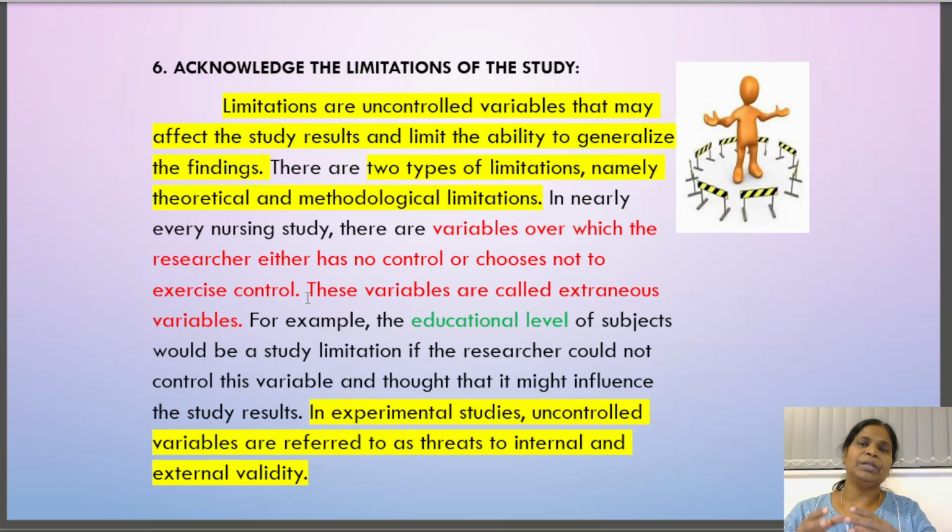If they had some previous knowledge, it might affect the study, but until you get the results or when you interpret the results, you will not be able to guess it. The study will be conducted, but some might already have had previous knowledge. So these are said to be limitations of the study. They influence the study. In experimental studies, uncontrollable variables are referred to as threats to internal and external validity.